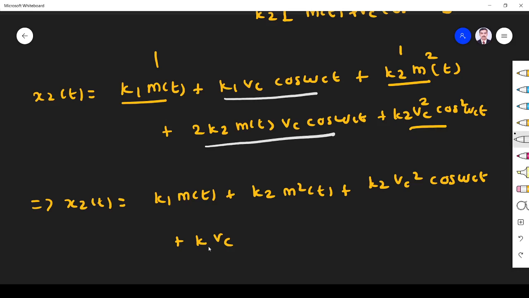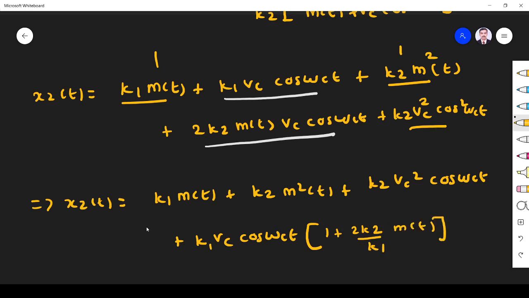If I take k1 Vc cos omega ct outside from these, what will happen? We get k1 Vc cos omega ct into 1 plus, the remaining thing, 2 k2 over k1, since I have taken k1 also, so I put k1 here, times m of t is the remaining.